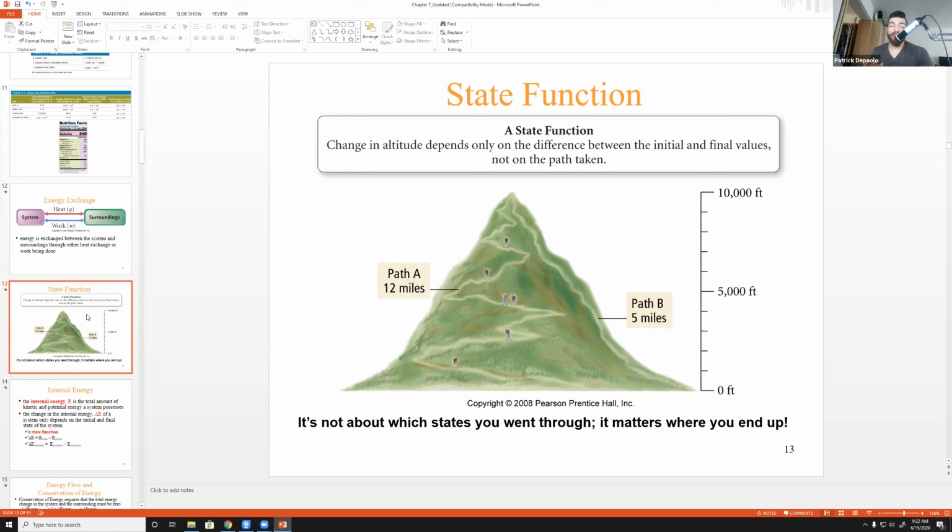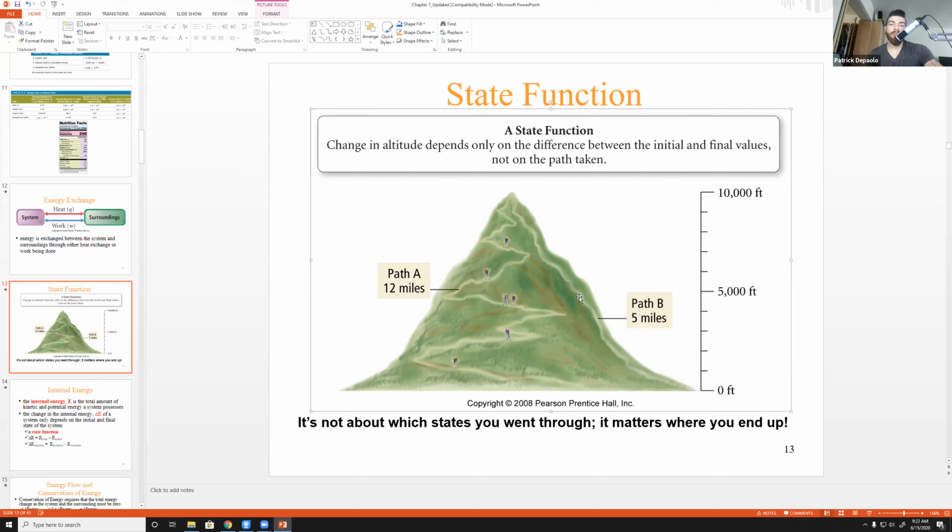So what that means is, we use this example. Energy is a state function, so the path doesn't matter. It just matters where you end up. In terms of energy, what would take more energy? If you go up this hill the zigzag way, path A takes 12 miles, and if you go up path B, it's 5 miles.